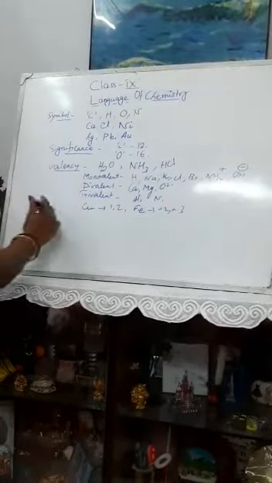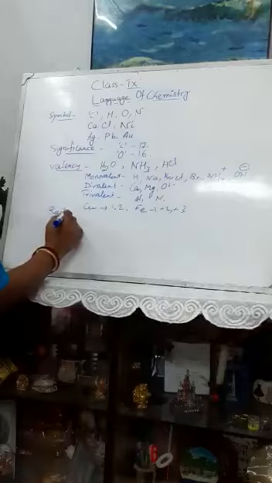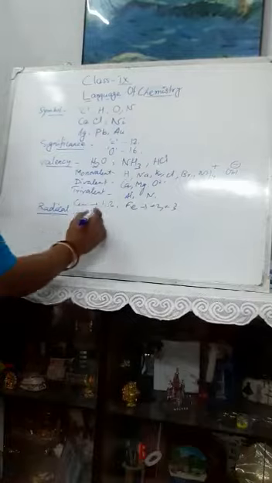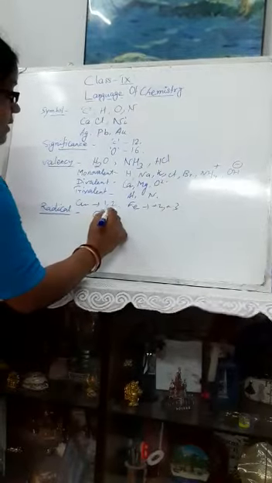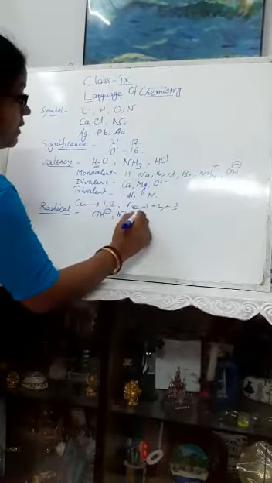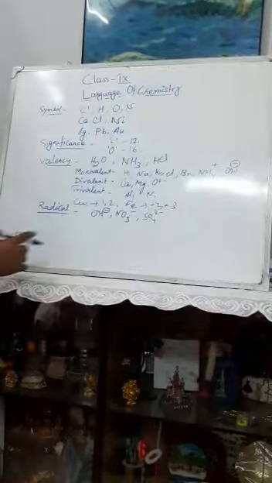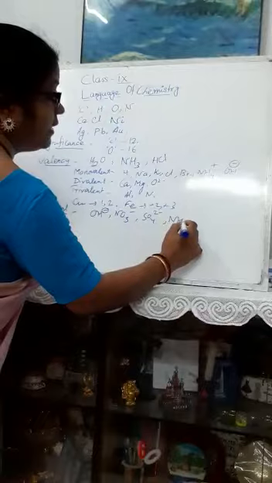Now what is radical? A group of atoms which behave as a single atom is called the radical. Suppose OH radical, nitrate radical, sulfate radical. These are the radicals. Ammonium radical, NH4 plus.